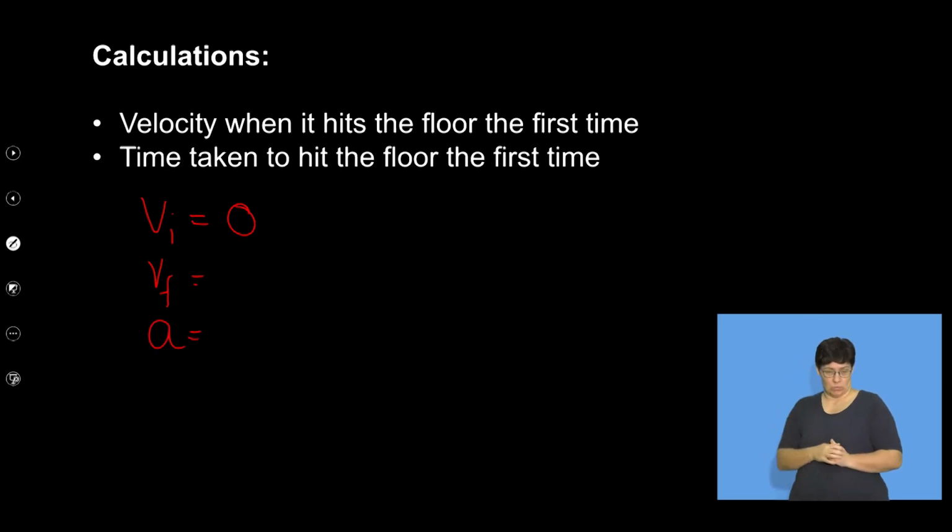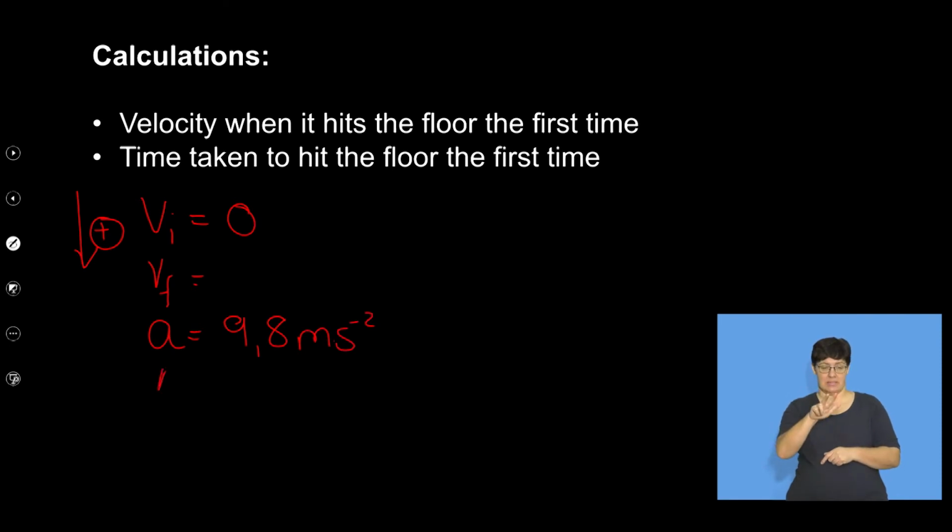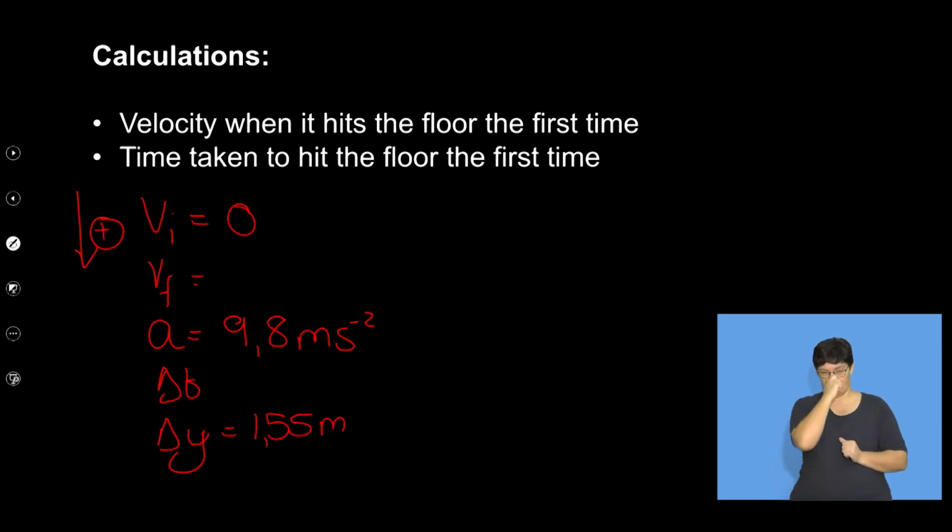I'm going to take down as positive because it was dropped, which means my acceleration now is 9.8 meters per second squared. I don't know delta t, but I do know delta y because we said it was 1.55 meters.